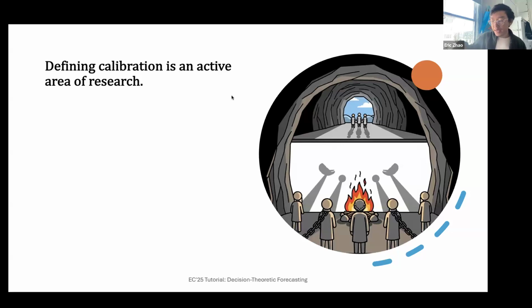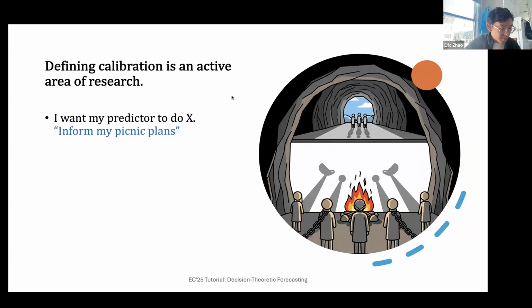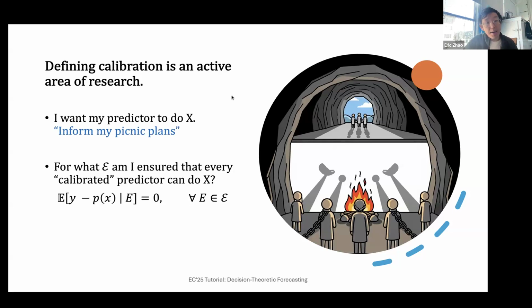I think a good way to think about this is that defining calibration is itself still a very active area of research. And the way this flavor of research looks is, let's say that I want my predictor to be able to do X. For example, I want to be able to rely on my predictor to inform my picnic plans, or I want my predictor to be accurate enough that if I'm in a mechanism design situation, I can convince agents to follow it faithfully.